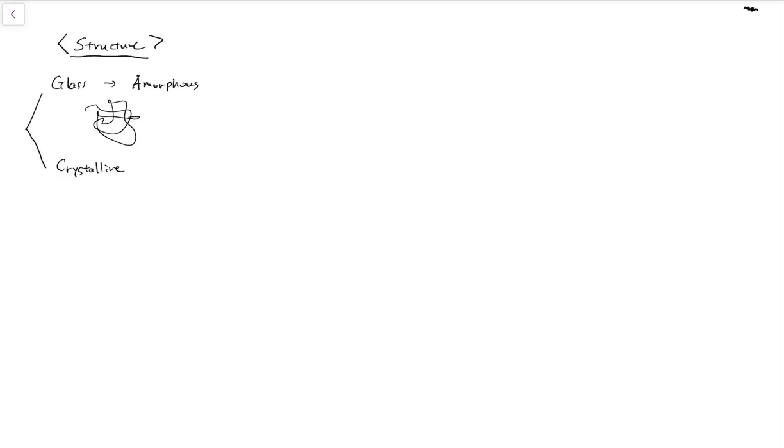So those kinds of materials are called crystalline. So there are basically two different types of polymer structures, amorphous or crystalline. Amorphous structures basically look like this. There is basically no ordered molecular arrangement. On the other hand, crystalline materials have very ordered molecular arrangement, basically the polymer chain arrangement.